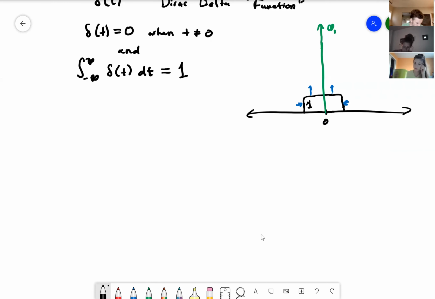And we went through the work of applying this to certain things, using it to model certain idealized physical systems.